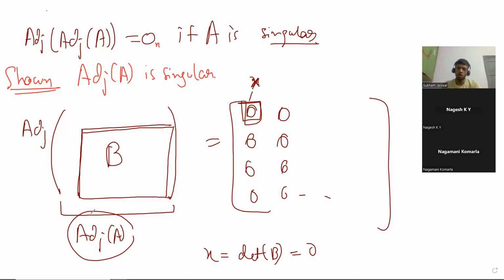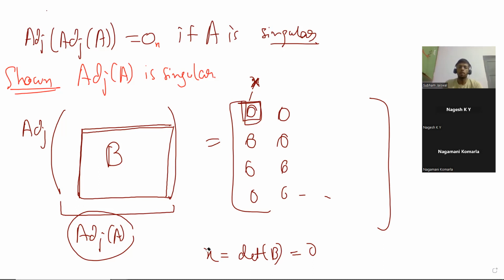So this means that not just the adjoint of A is singular, but every block is singular. Every block of the adjoint of A is singular, right?